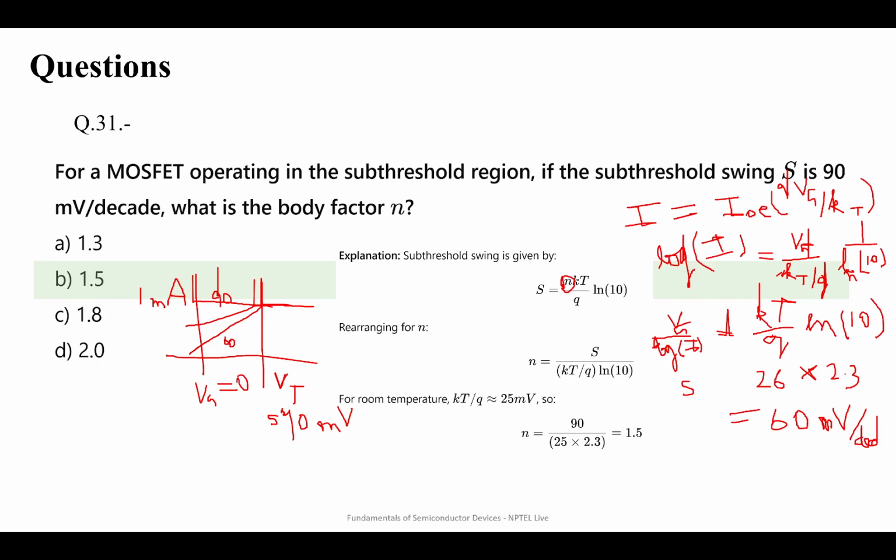But I want the exact value of current when my VG is 0. No, it will definitely be below 1 milliampere. So what will be the value? It will not be 0.